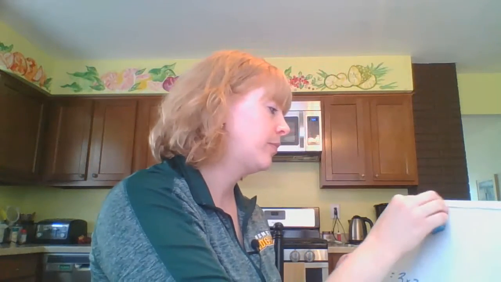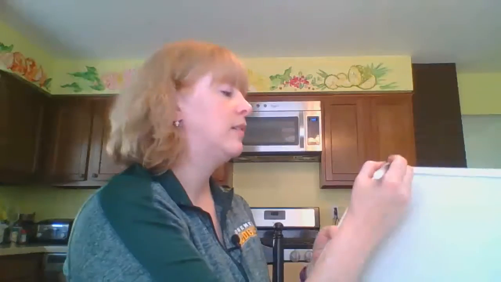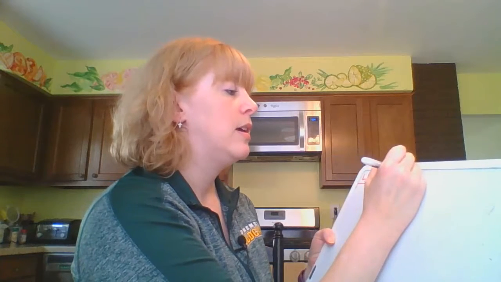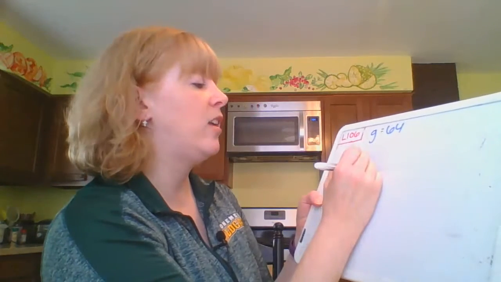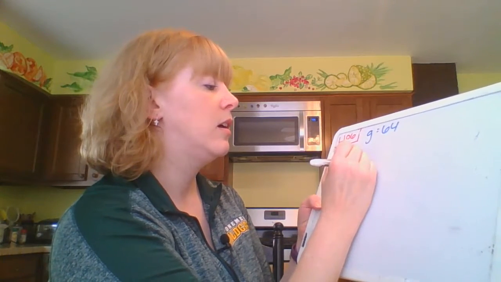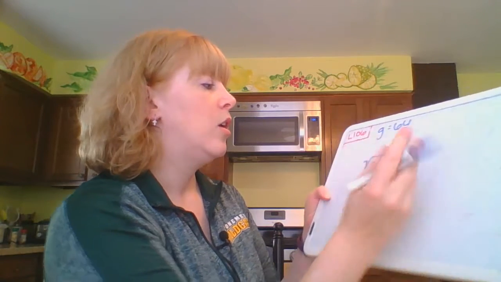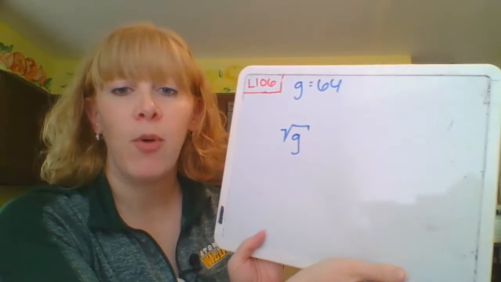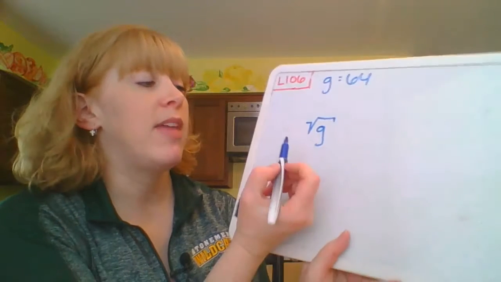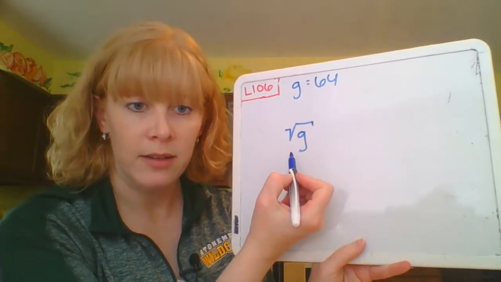Similarly, number 7 says find the value of G when G equals 64. Now remember, that is a square root symbol.